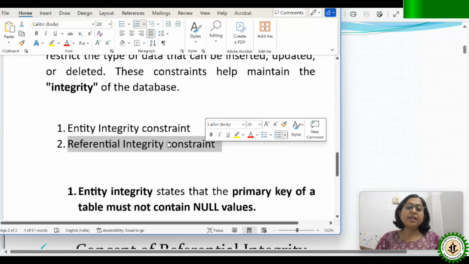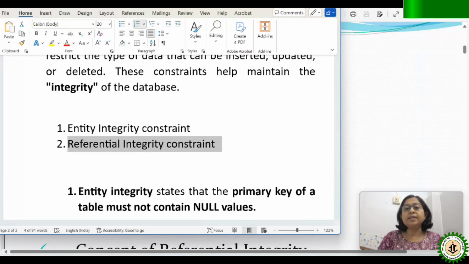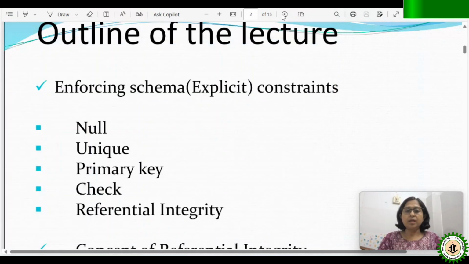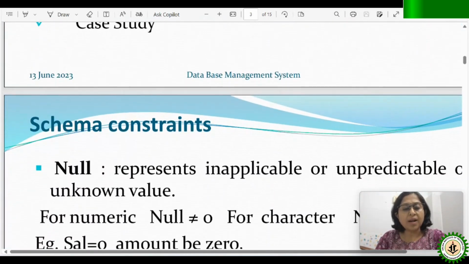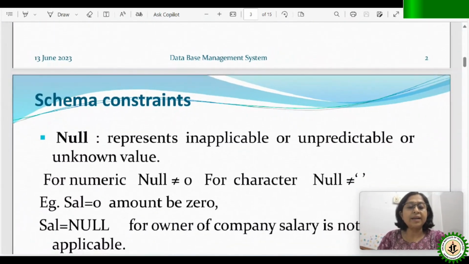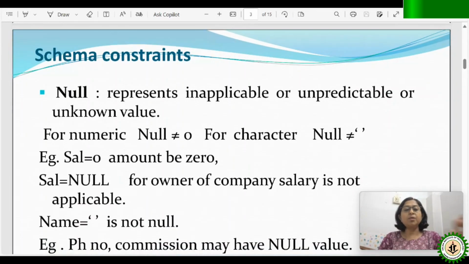So directly before discussing the definition, let us go by the prerequisite discussion. First and foremost, we need to understand what null is. In the last class, when we discussed the primary key, we said that primary key does not accept null values.